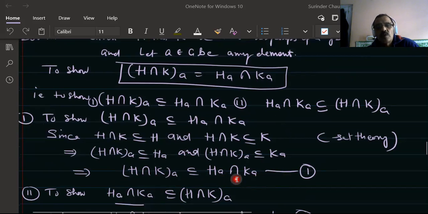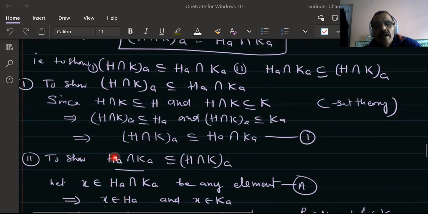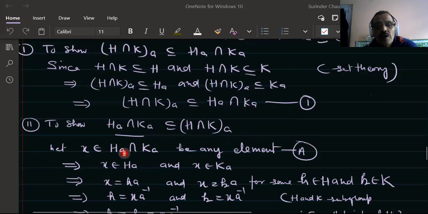Now the second part is to show that the right coset of H by a intersection the right coset of K by a is a subset of the right coset of H intersection K. So let x belong to the right coset of H by a intersection the right coset of K by a. By the definition of intersection, x belongs to Ha and x belongs to Ka.